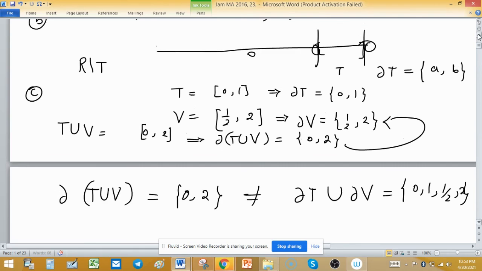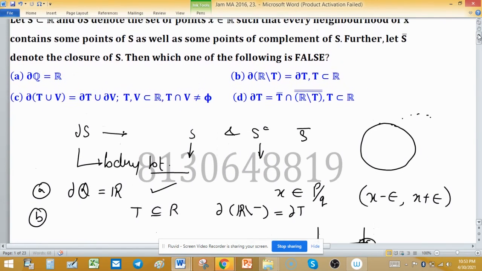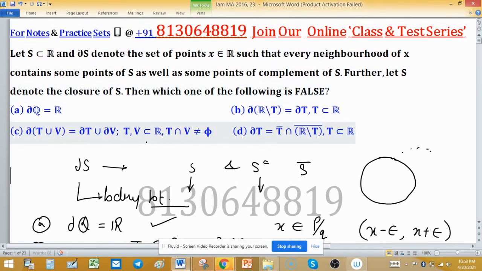So option C is false. Option C is false, and we have to seek only the false statement. So it is our right choice.